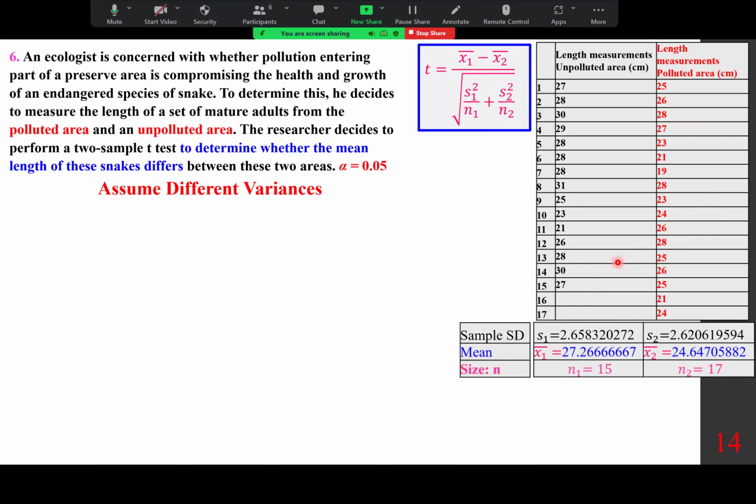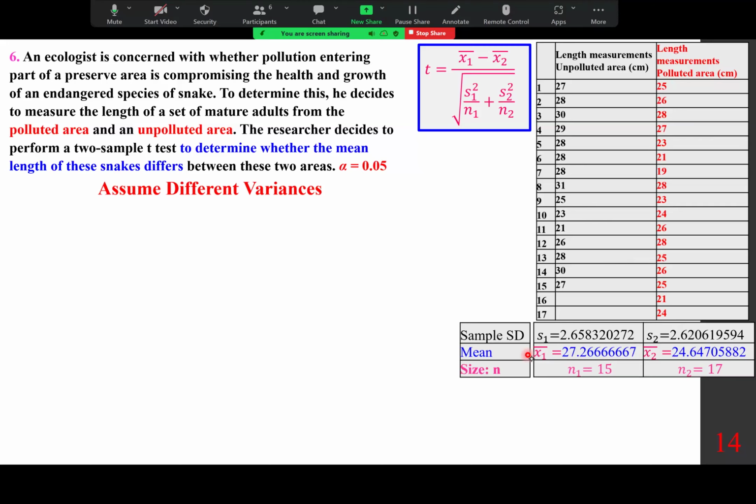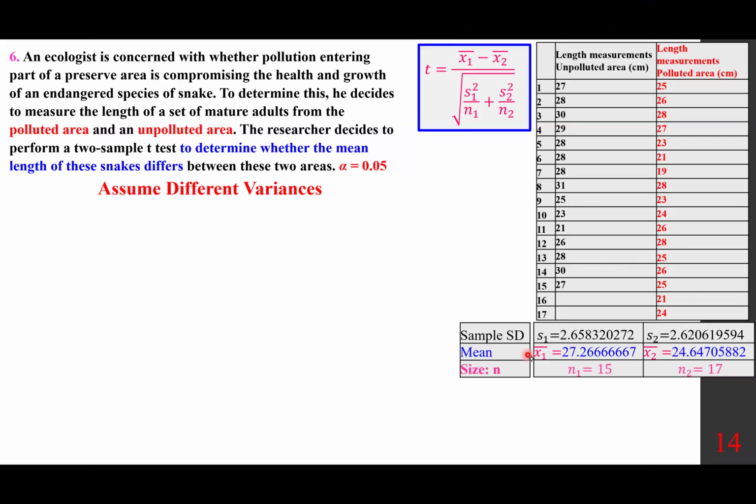However, you remember the formula, I hope. X bar is summation of x over n, and standard deviation is square root of x minus x bar quantity squared over n minus 1. All of them have to be done.